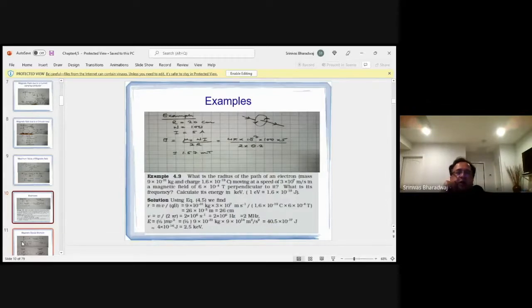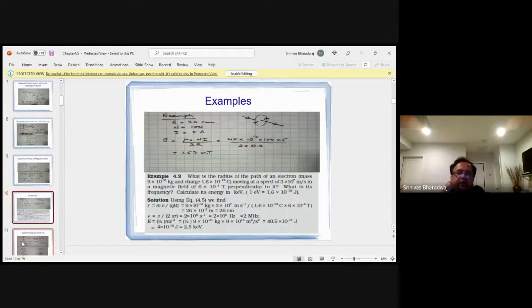So now once you have calculated r, you can then calculate its frequency. Frequency is what? If you have the radius and its velocity, distance divided by velocity will give you the time.